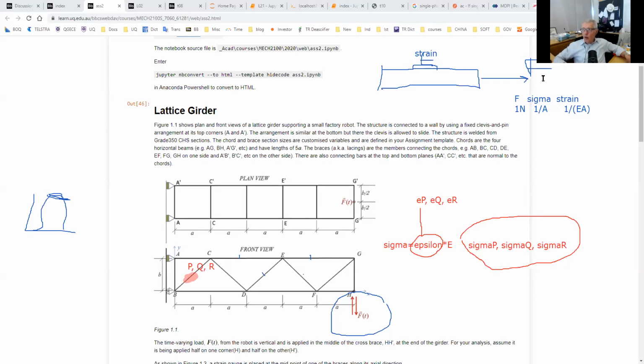So for a 1 newton force, that's what you get.